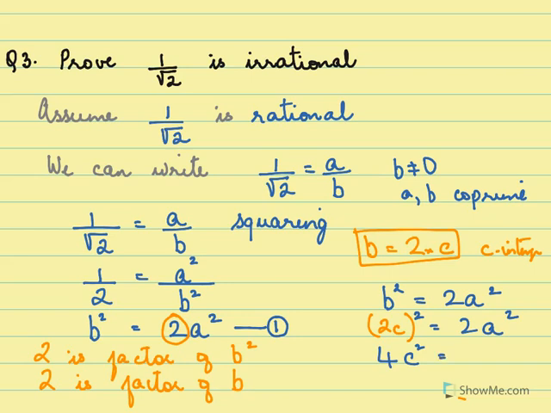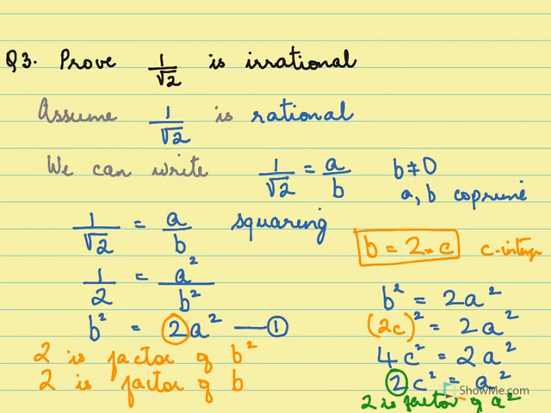So 4c square equal to 2a square. Taking 2 common out, we can say that 2c square equal to a square. Now here 2 is a factor of a square.